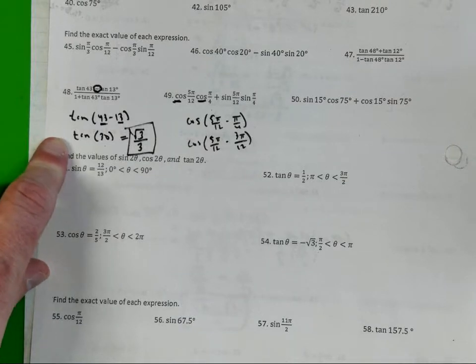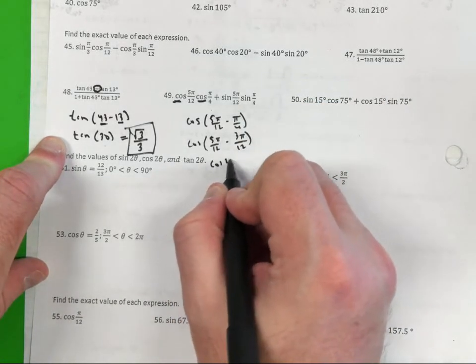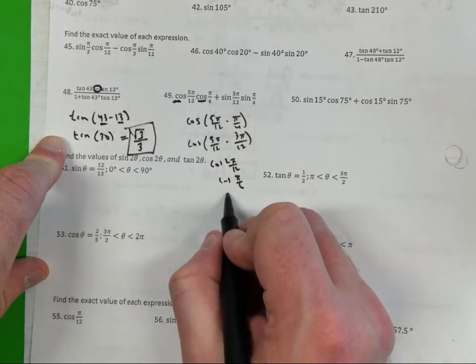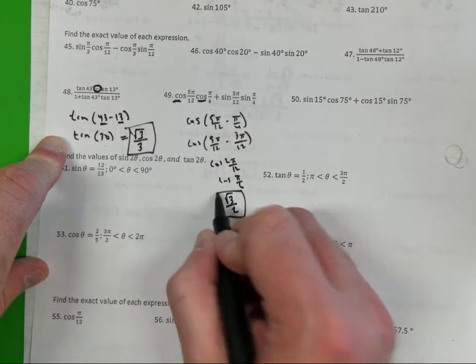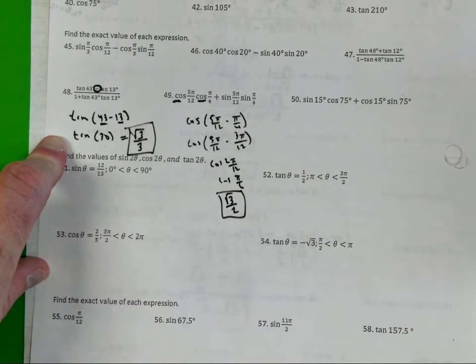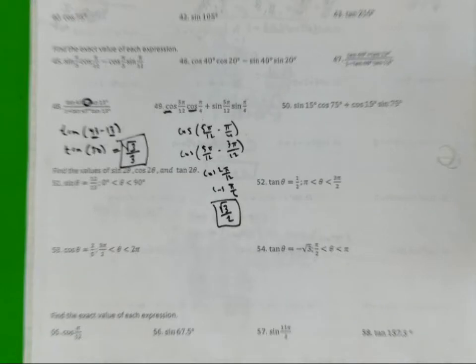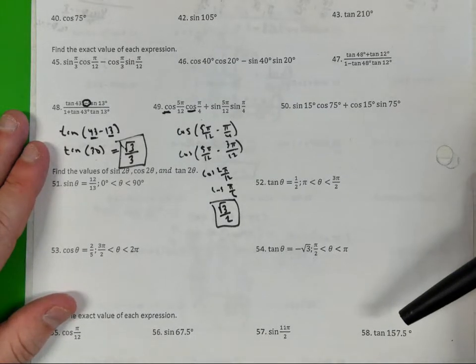What's 5 pi minus 3 pi? 2 pi. What's 2 pi over 12 reduced to? Cosine of pi over 6 would be root 3 over 2. Yes.